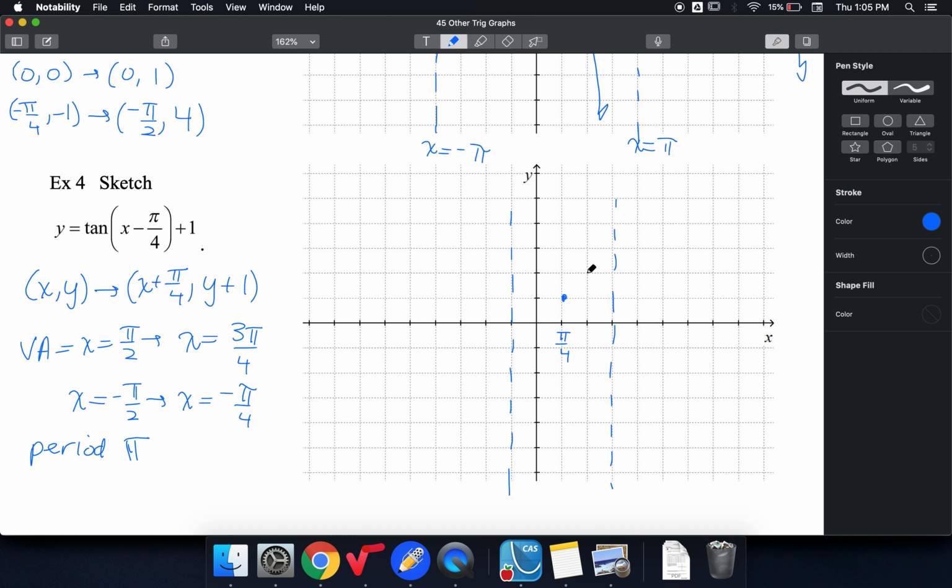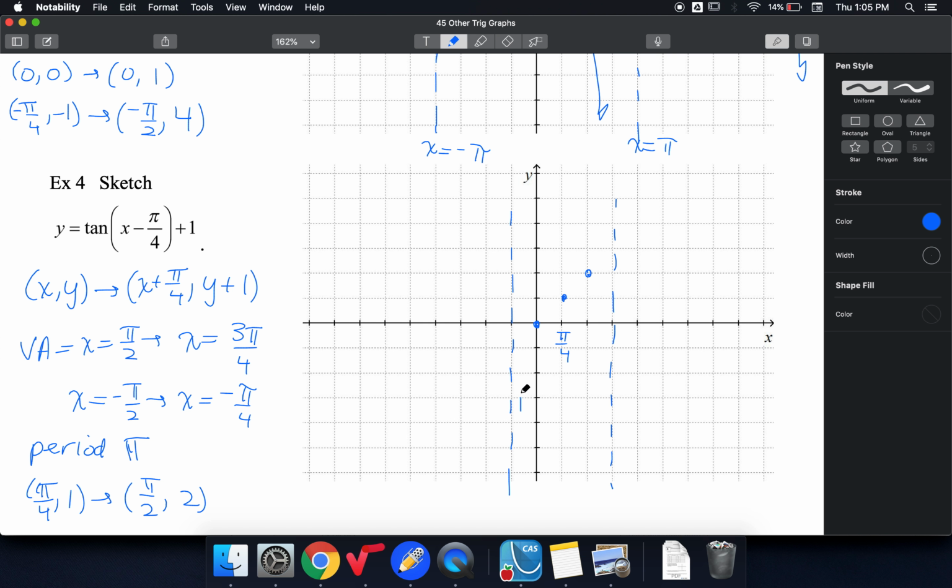Go over a quarter, up 1 because I have no vertical stretch. Quarter down 1. So I could think about my pi over 4, comma 1 becomes pi over 4 plus pi over 4, pi over 2. 1 plus 1 is 2, so that checks out as well.